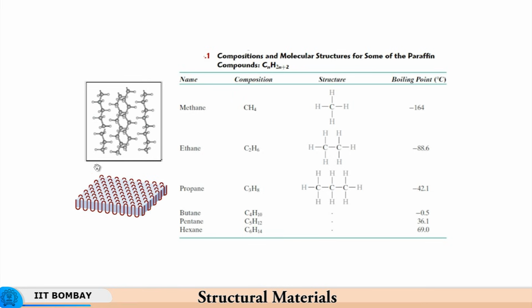Here what has been shown is polymeric chains with carbon and hydrogen atoms, and these chains can wind over each other. You see that you have a regular array of these polymeric chains, as a result of which you can get an impression of crystallinity, meaning a regular arrangement of atoms in this particular area.